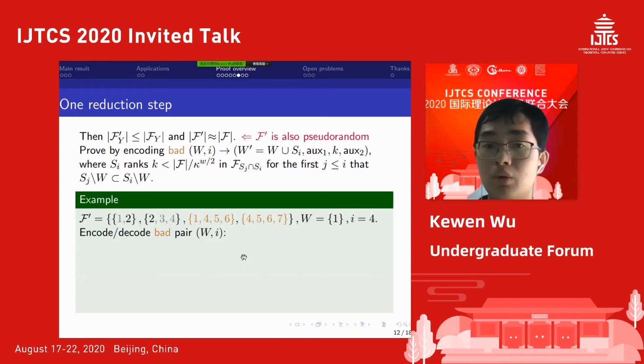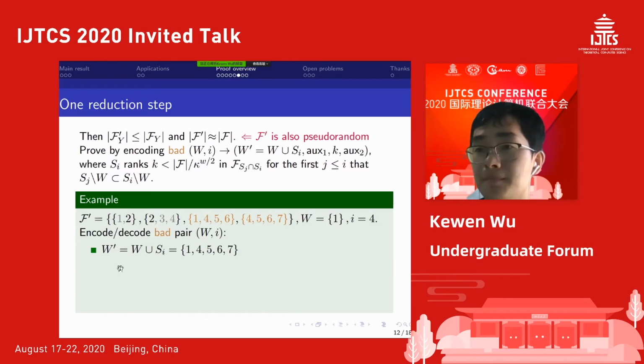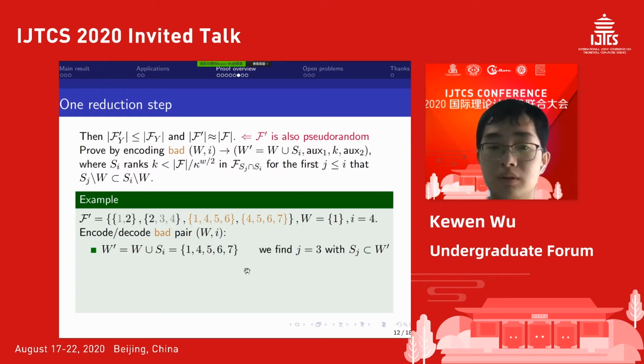Now we will show how we can encode and decode this bad pair W, i by the analysis above. Firstly, let's set W prime. By definition, W prime is W union Si, which is 1, 4, 5, 6, 7. From this, the decoder will find J equals 3, because J is the first one such that Sj is contained in W prime.